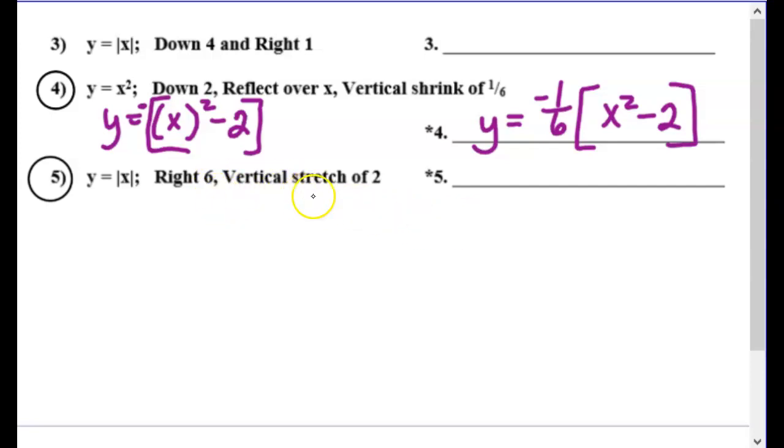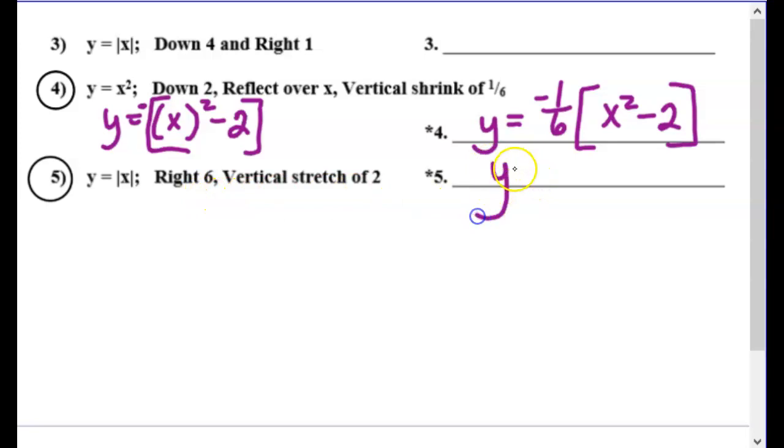Right 6 and a vertical stretch of 2. The order doesn't matter there, okay? Vertical stretch of 2, thank you. So this one is not hard. How do you go right 6?